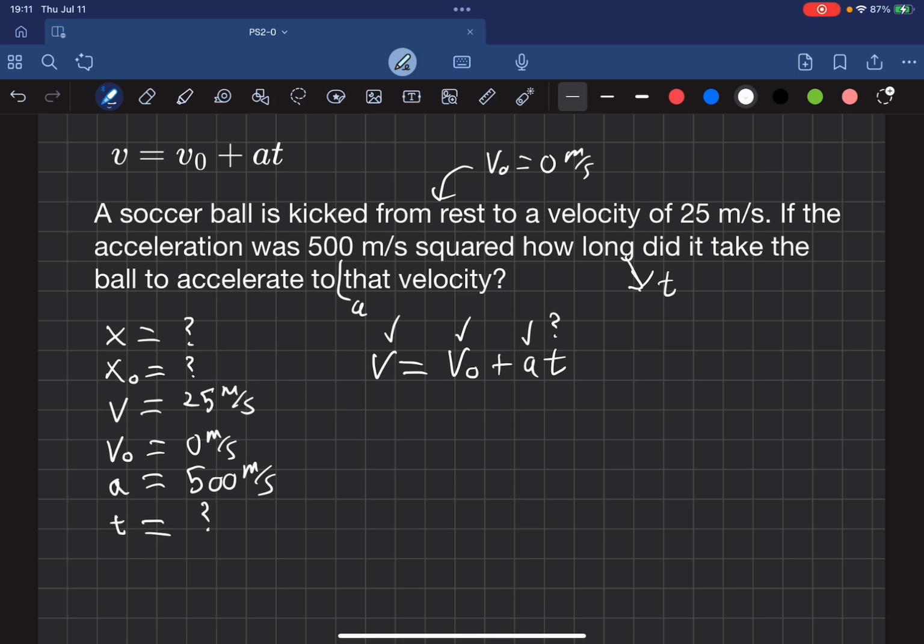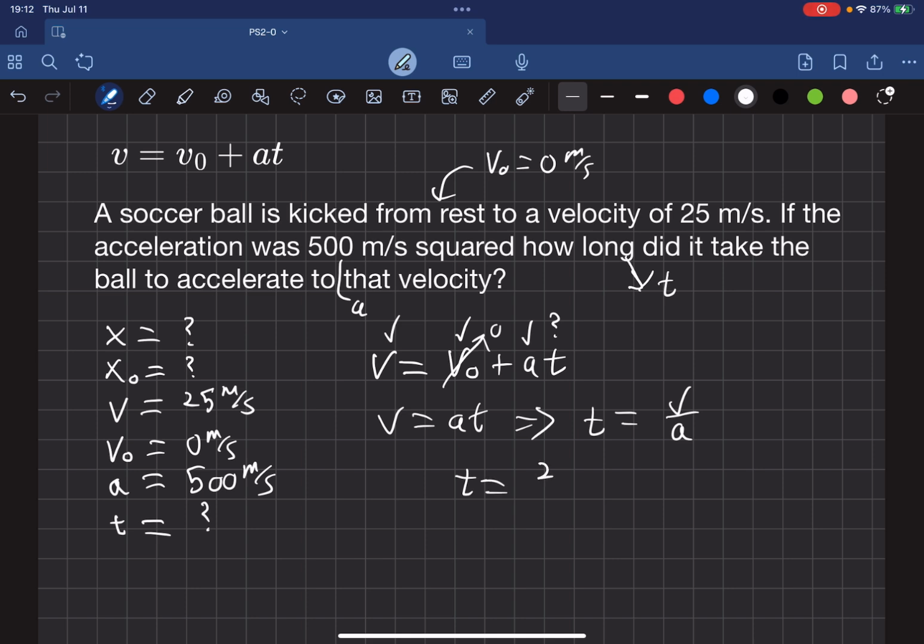Our initial velocity was the value that was 0. So we got a final velocity equals acceleration times time. Then we're going to rearrange that and solve for time. Time is equal to velocity over acceleration. This kind of algebra manipulation skill is incredibly handy to have when doing a physics problem. So now let's go ahead and plug in some values.